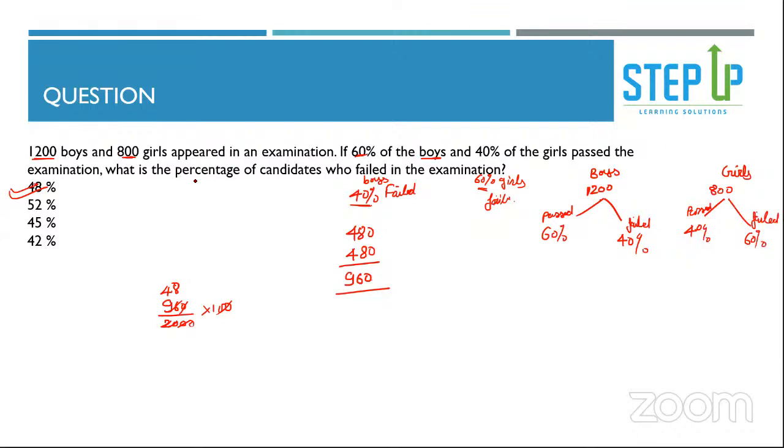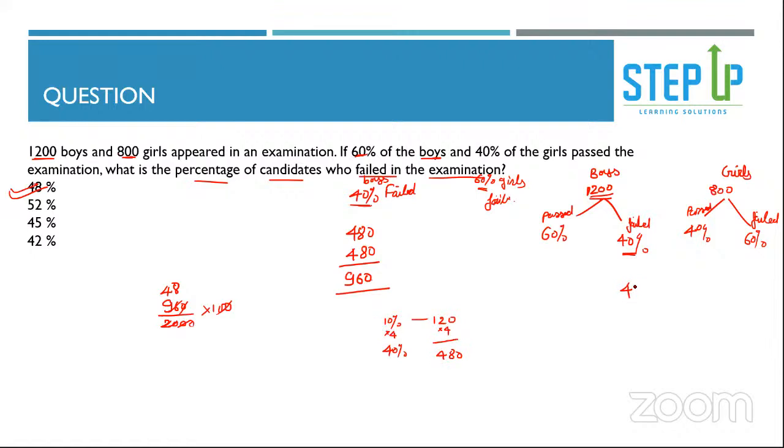Now at the end, they are asking the percentage of candidates who failed in the examination. So 40% of 1200. 10% is 120, so 40% will be 120 into 4, which gives you 480.